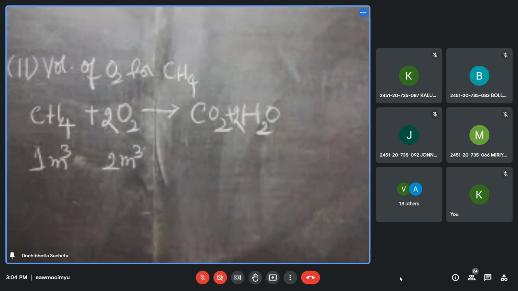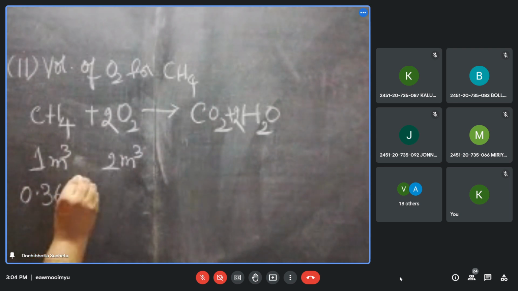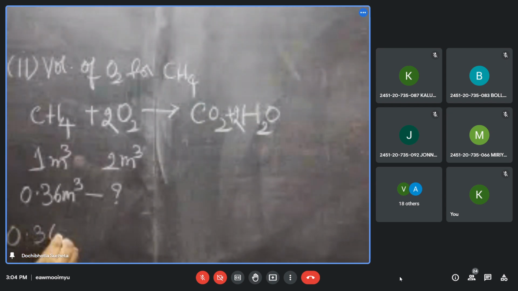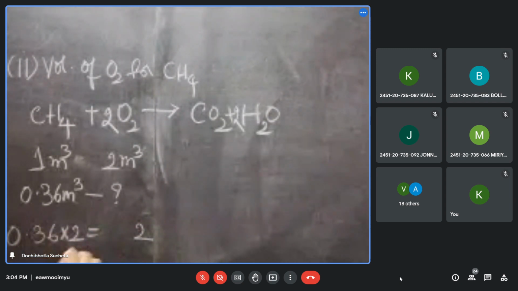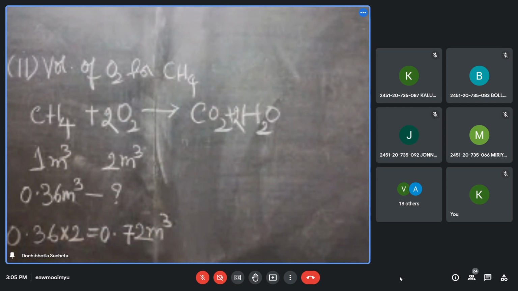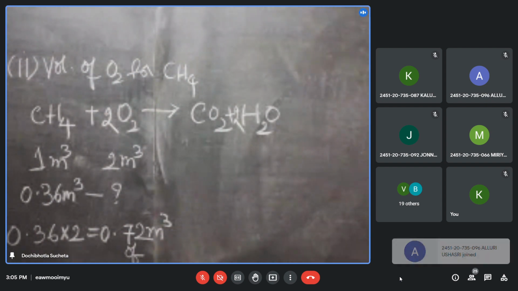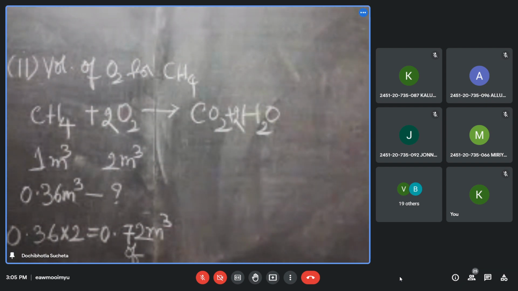Easy. Next, 0.36 meter cubes of methane requires how much? 0.36 into 2, that is equal to 0.72 meter cubes of oxygen. 0.72 meter cubes of O2 is required for complete combustion of 0.36 meter cubes of methane.